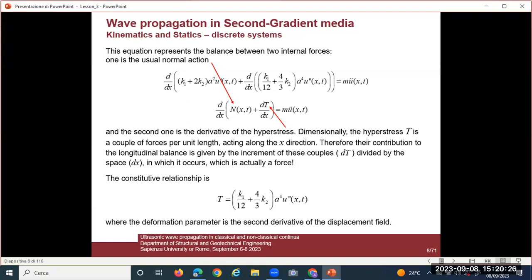One is the usual, I'm not sure there is a way to make this object a little bit more visible. Maybe I can use this one. Just a minute. Sorry, because I would like to have a red dot here. Do you know how I can have a pointer here, guys? Scusate, sapete come posso trasformarlo in un puntatore?